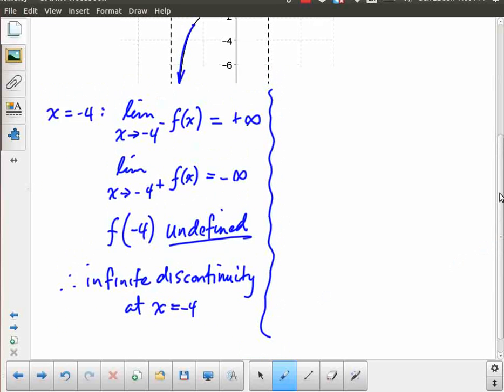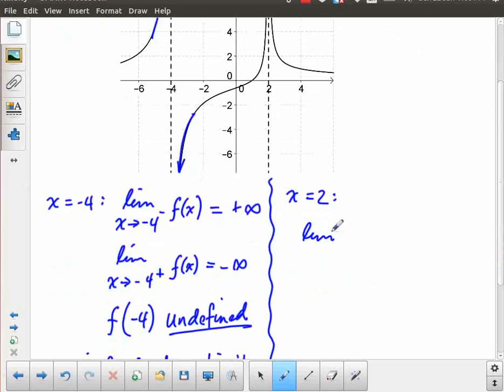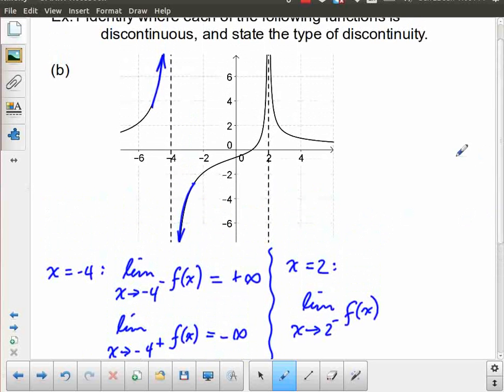Now, what about our other vertical asymptote, which is at 2? At x equal 2, we're going to test the limit as x approaches 2 from below of f of x. As I approach 2 from below, that would be along this part of the line, so I am approaching positive infinity.